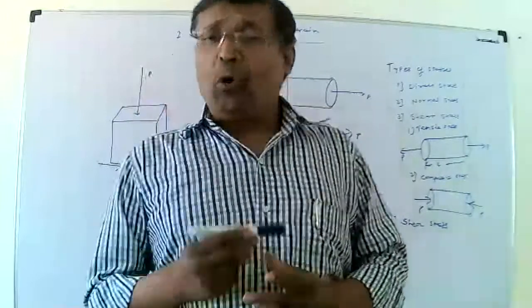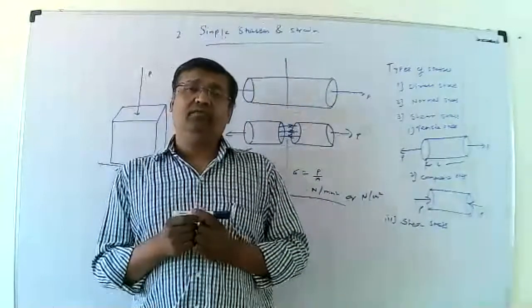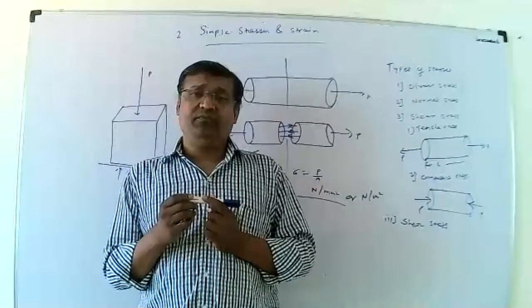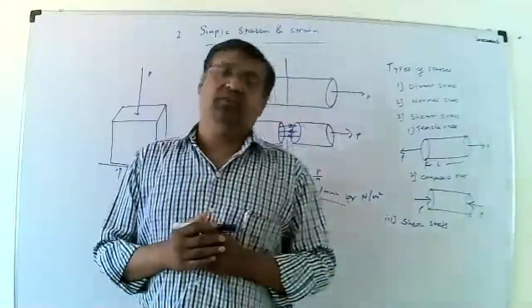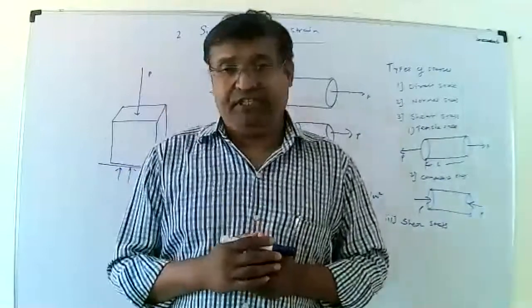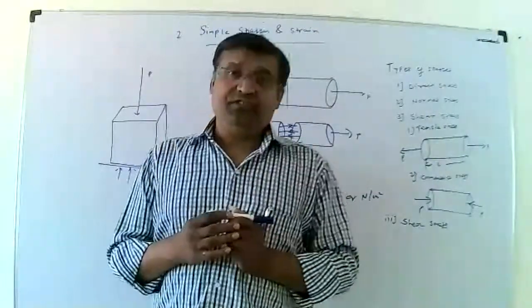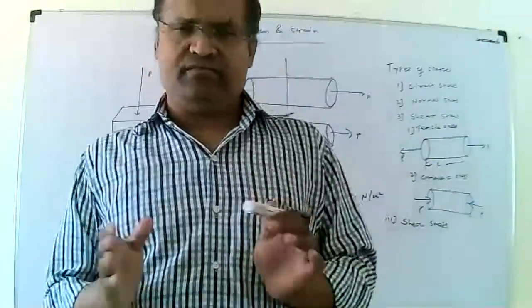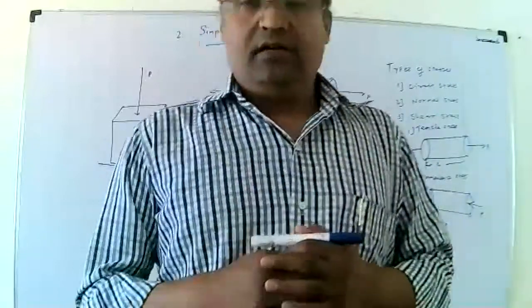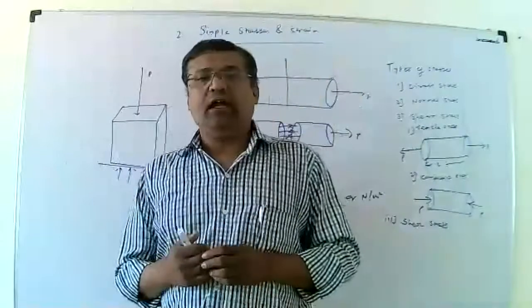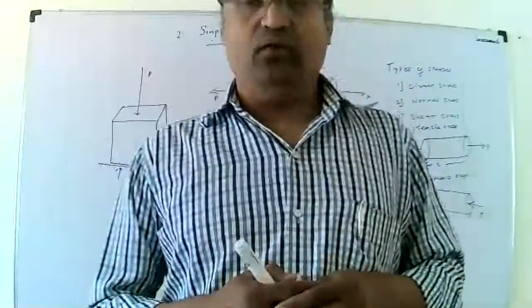What will happen? Normal stress will be generated at any section of the body, and that stress will be normal, or 90 degrees, to the plane of that section. Normal stress generally occurs in tensile and compressive loading.